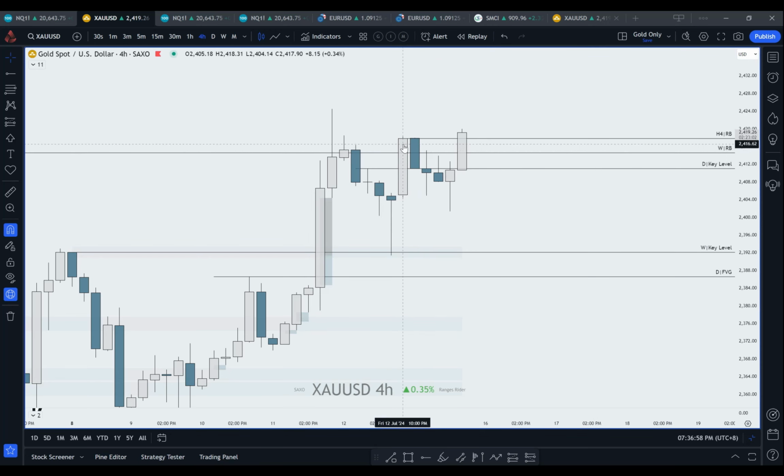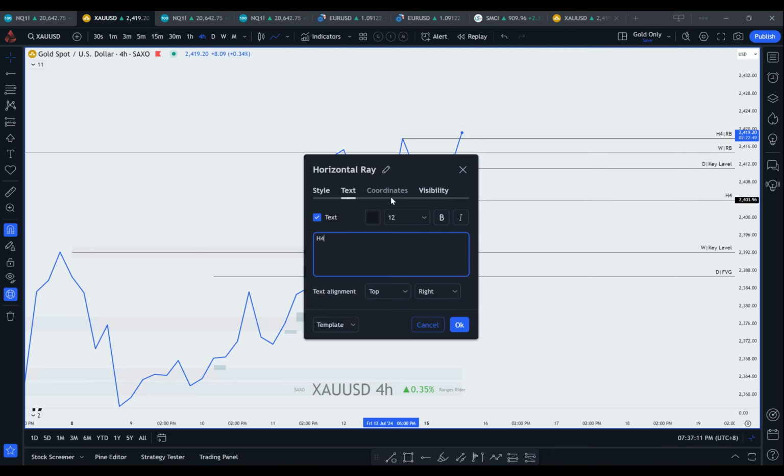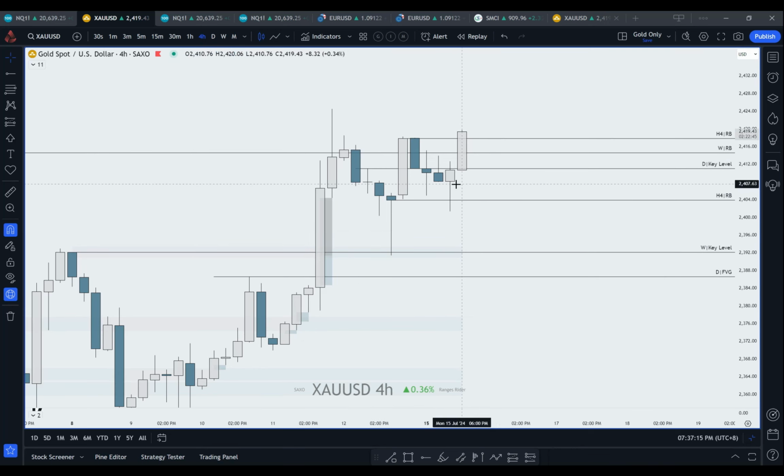Okay. And then we have this one. What is this? This one is also H4 rejection block. Can you see this one? So H4 rejection block. So we have only two levels on the H4 time frame.